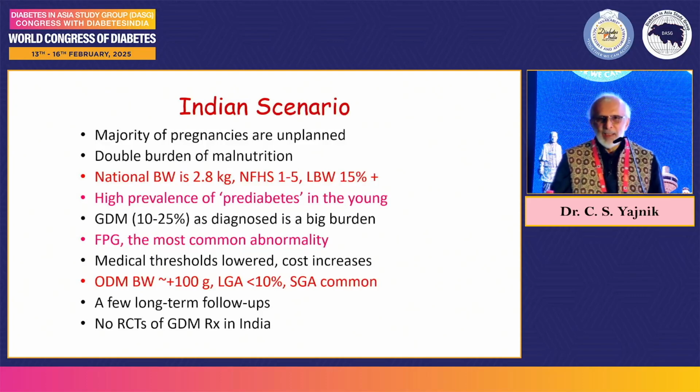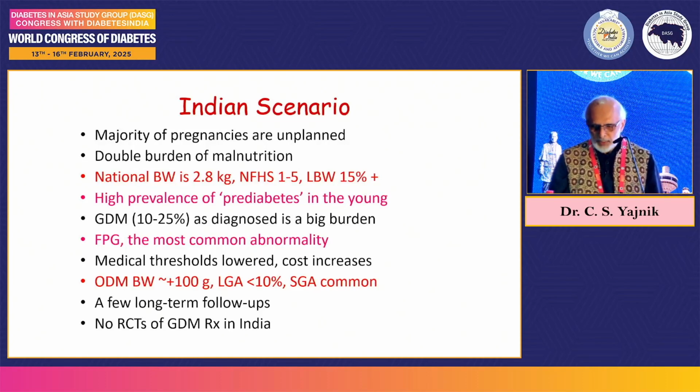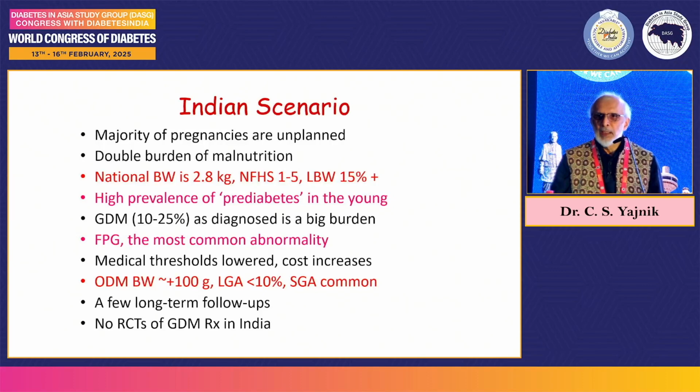High prevalence of prediabetes in the young. Gestational diabetes, the way we diagnose it today, is a big burden. Very importantly, the most common abnormality repeatedly reported in Indians is fasting plasma glucose, not the postprandial. Even the gestational diabetes diagnosis, as I will show you, is largely driven by fasting glucose.